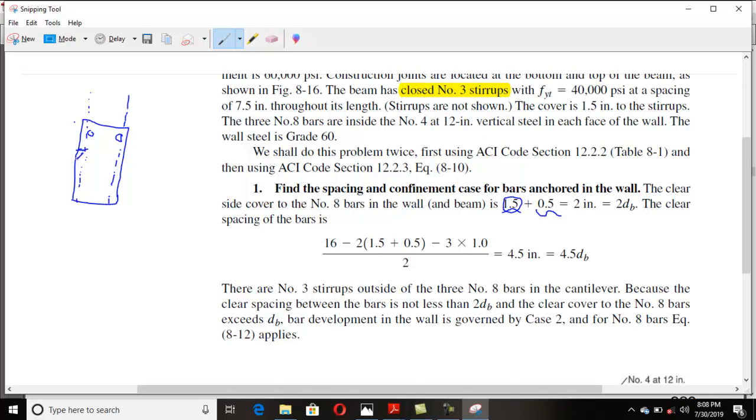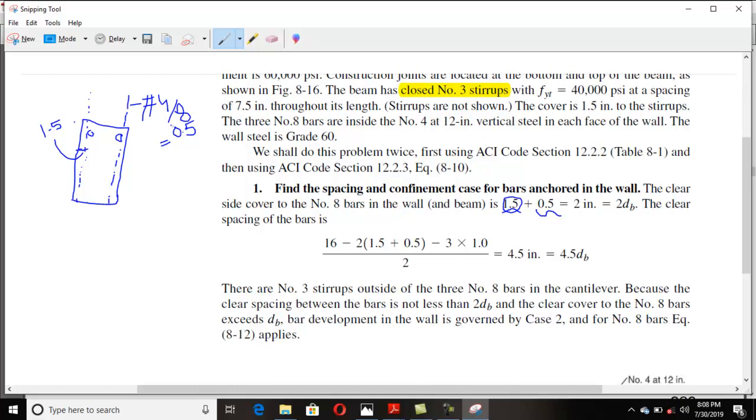This is 1.5, and the bar placed over here is number 4. Number 4 means number 4 divided by 8 gives you the diameter, and then make it half, so you will get 0.5.